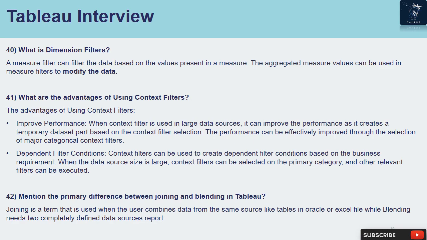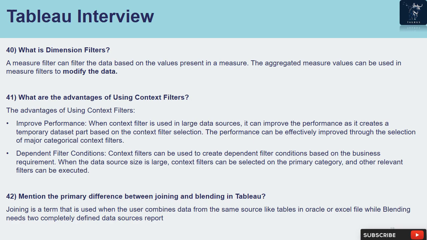The performance can be effectively improved through the selection of major categorical context filters. Dependent filter conditions. Context filters can be used to create dependent filter conditions based on the business requirement. When the data source size is large, context filters can be selected on the primary category, and other relevant filters can be executed.